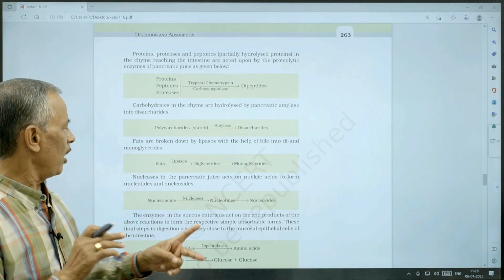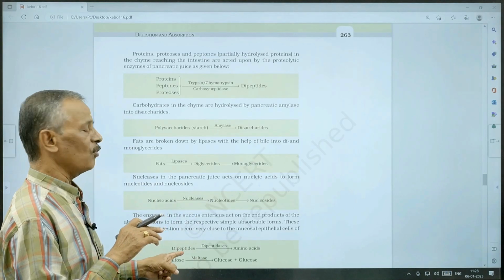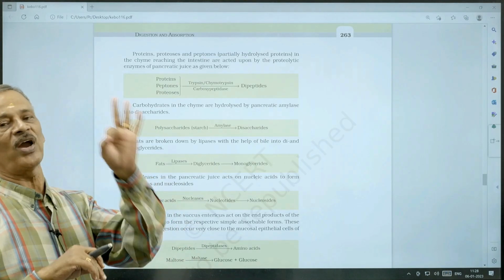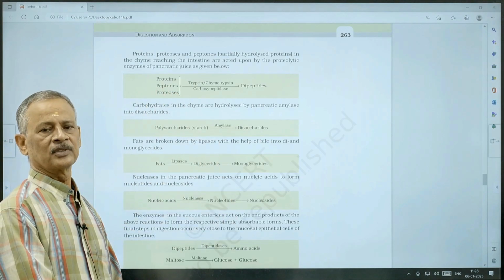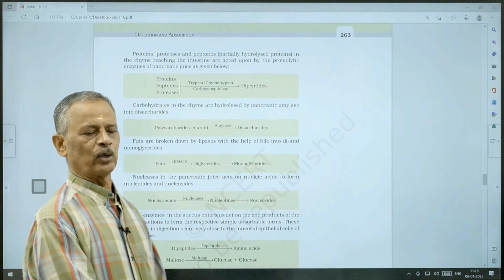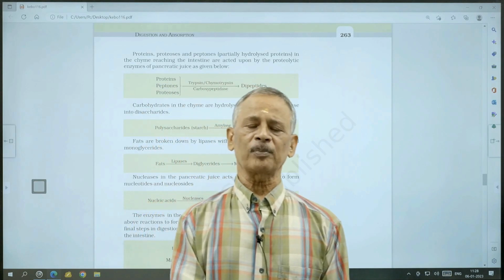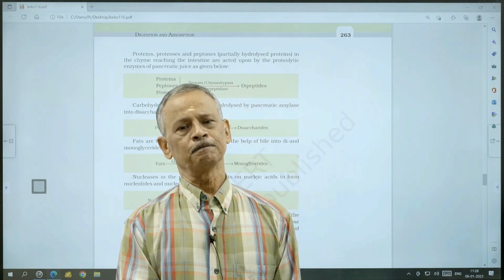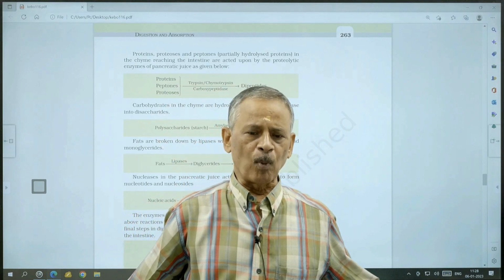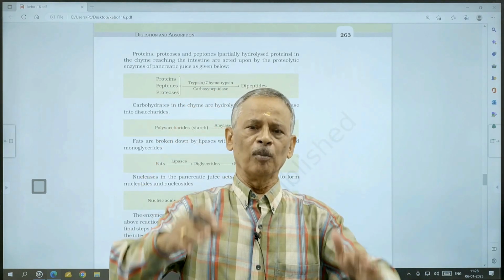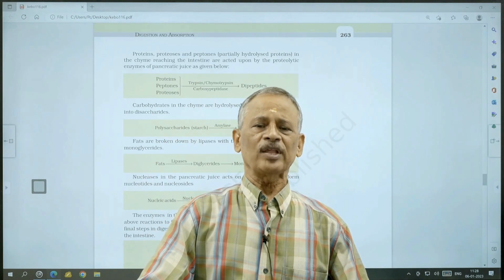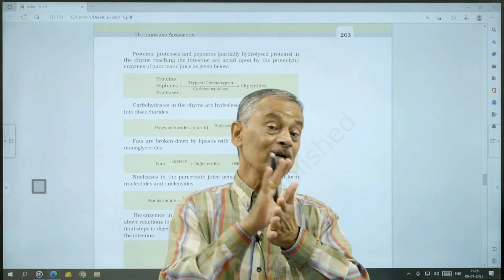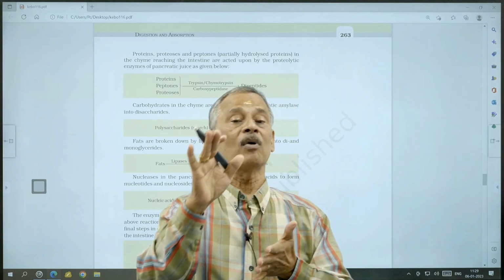Paneth cells are responsible for the production of enzymes that bring about the complete and final digestion. Whereas enterocytes produce only a bicarbonate-containing alkaline secretion. They are all poured into the lumen of the small intestine so that they bring about the complete and final digestion very close to the epithelium of the intestine.